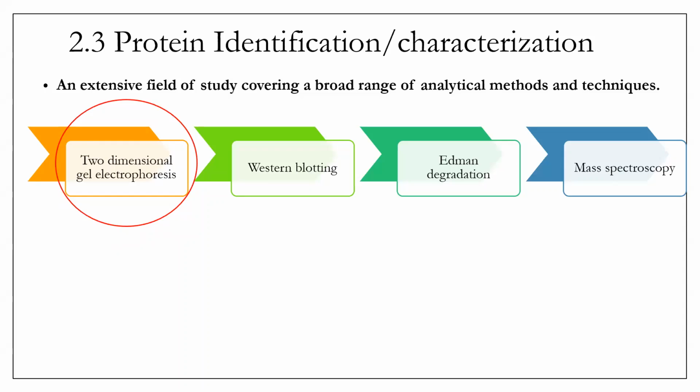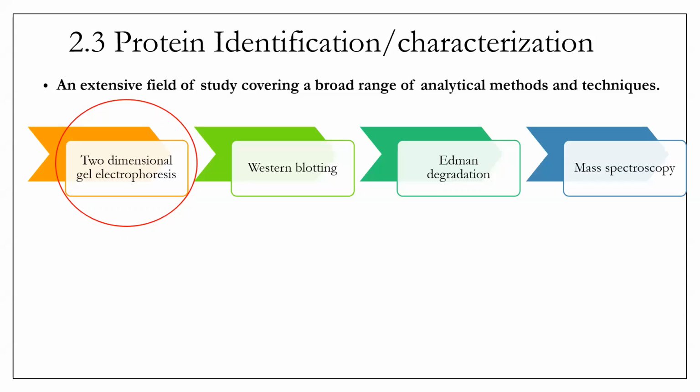Two-dimensional gel electrophoresis is based on two techniques. The first is isoelectric focusing, and the second is SDS-PAGE. This is a very powerful gel-based method commonly used to analyze complex samples.